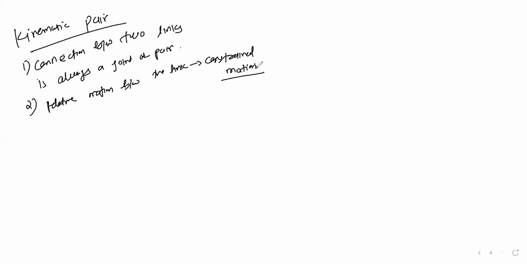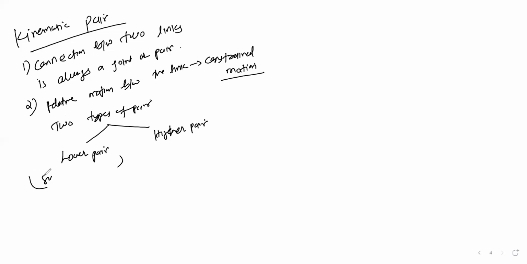It should move in only one direction. There are two types of pair. The first is called a lower pair, and the next is a higher pair.